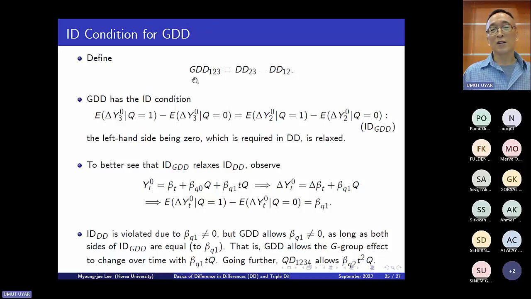But in this generalized DD, the ID condition is that the left-hand side is equal to the right-hand side, so the left-hand side does not have to be 0. So the DD ID condition that the left-hand side be 0 is relaxed in this sense. It doesn't have to be 0 as long as this difference is the same as this previous one-year difference.